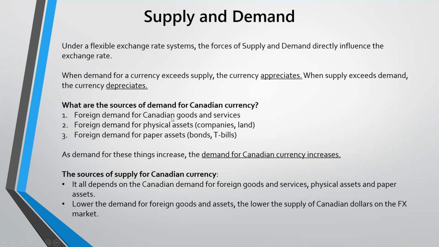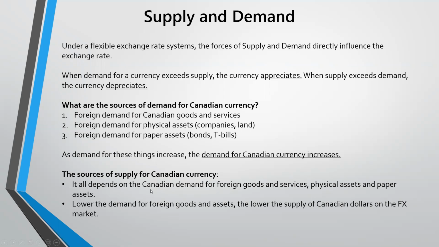So what are the sources of demand for Canadian currency? Well, there's three main ones: the foreign demand for Canadian goods and services, foreign demand for Canadian physical assets such as companies and land, and then foreign demand for paper assets such as bonds and T-bills. As demand for these things increase, the demand for Canadian currency increases as well.